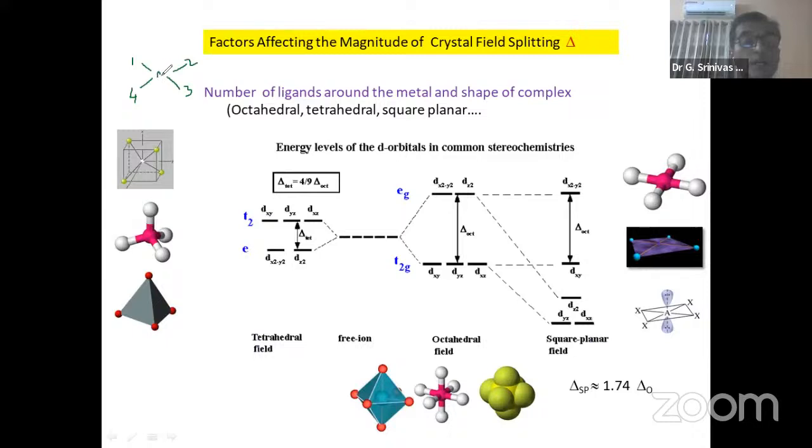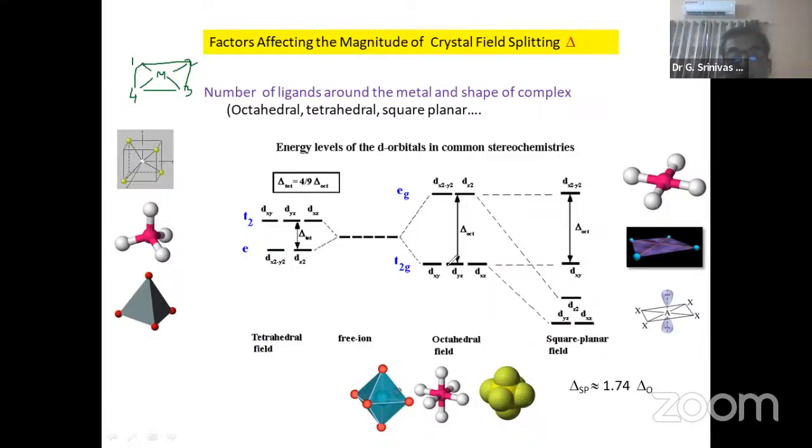So here is the metal, and 2 ligands I have removed. So the shape becomes the square planar complex. That means we are removing the ligands present on the z-axis.